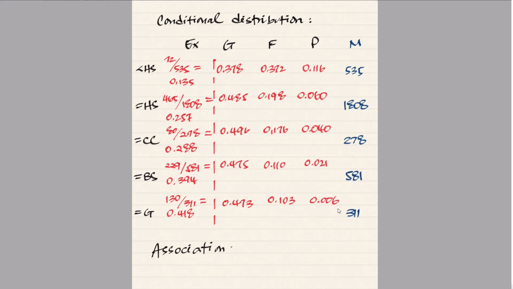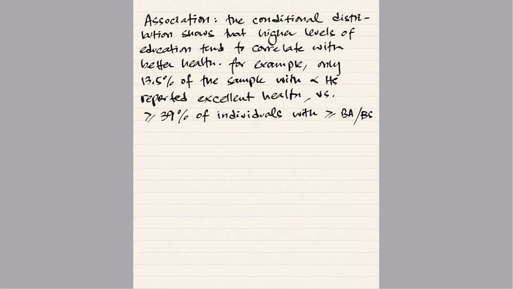And if you wanted to capture it in a sentence, you could say something like the following. There's no one correct answer to this, but what we're looking for is to capture overall what's happening in the contingency table, in the conditional distribution. And so here would be a possible response. The conditional distribution shows that higher levels of education tend to correlate with better health.